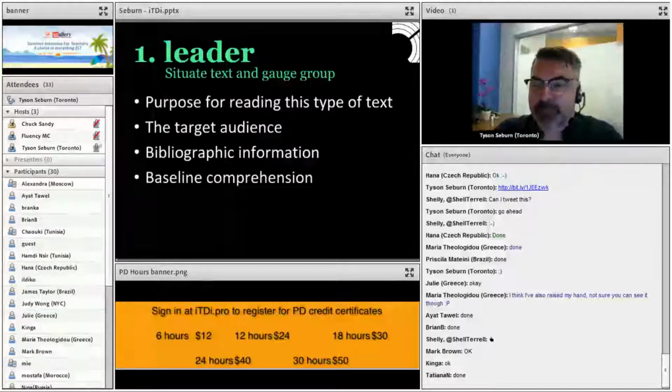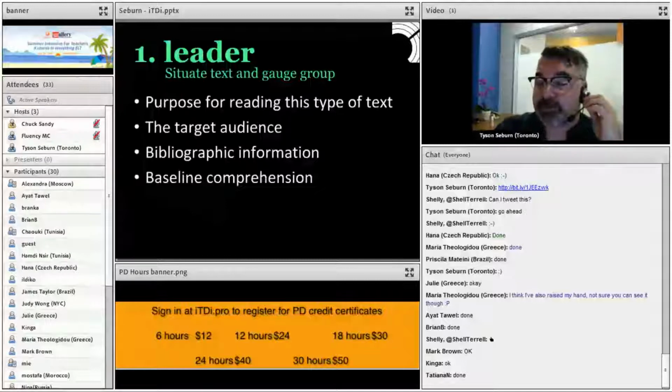And finally, they're going to be looking at establishing a baseline comprehension of this text. Of course, when they first come together in their group after reading this text through their roles, their comprehension might be a little bit different because they're focusing on different aspects of the text. But at the beginning of the group discussion, the leader is going to ask some comprehension questions.